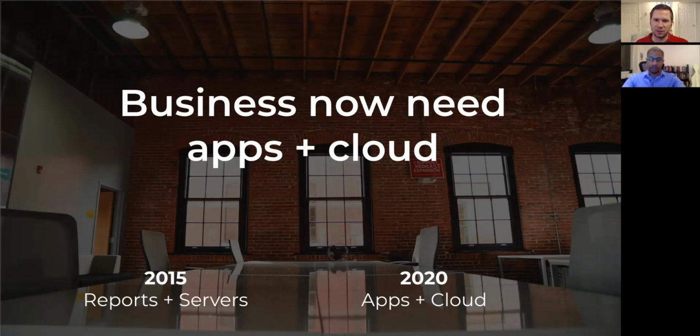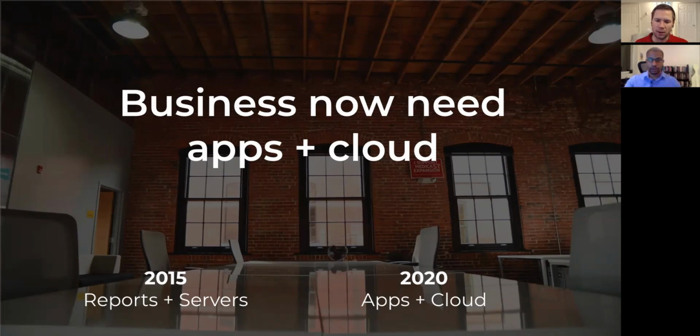Now fast forward to 2020, next year, it's apps and cloud. Instead of having reports that show the sales forecast, we want to deliver applications that include that sales forecast as part of a predictive analytics solution. That way the decision makers in the manufacturing team or on the accounting team can start predicting their cash flows at a much more accurate rate.